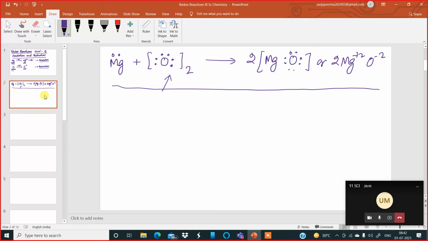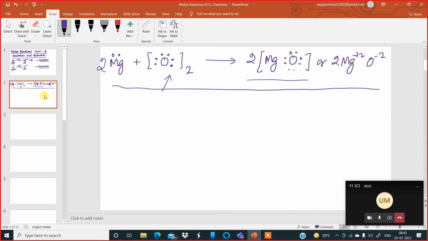One magnesium is giving 2 electrons, so we need to balance it. Two magnesium atoms will give a pair of electrons each to the oxygen atoms in the molecule, and that is how it forms magnesium oxide. So magnesium is losing electrons, and the oxygen atoms are gaining electrons.